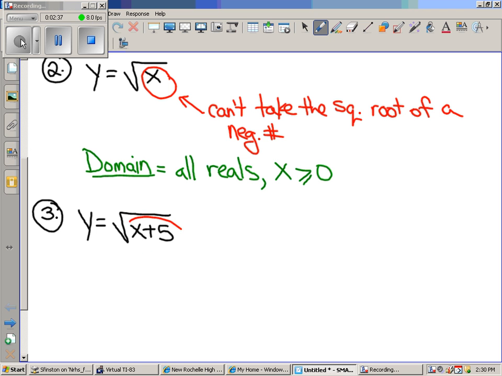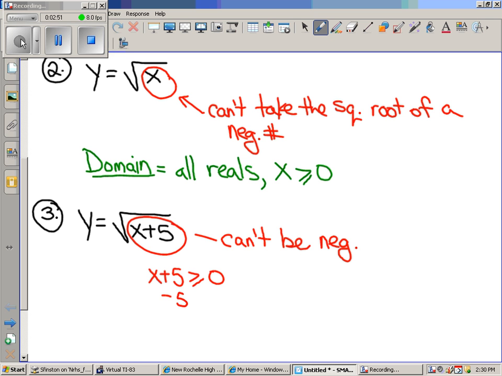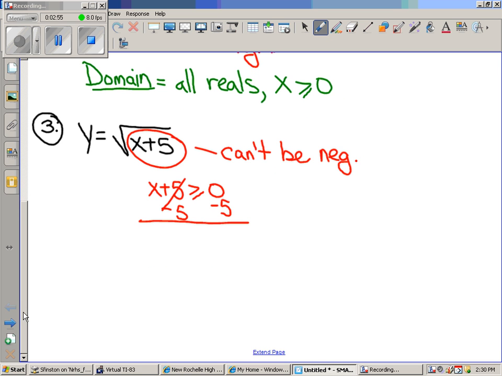Yeah, this stuff over here can't be negative. Well, if it can't be negative, then x plus 5 has to be greater than or equal to 0. And all you do is solve that kind of equation, and you get the answer that x has to be greater than or equal to negative 5. And in fact, this is the domain.